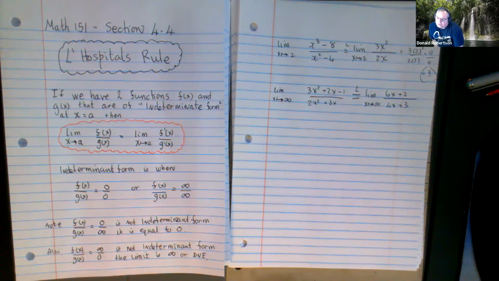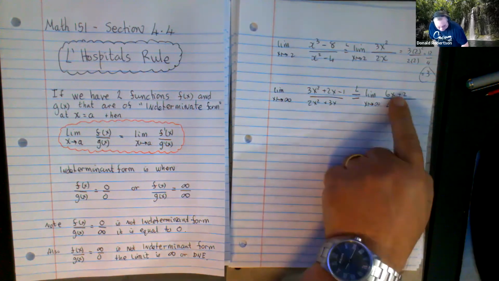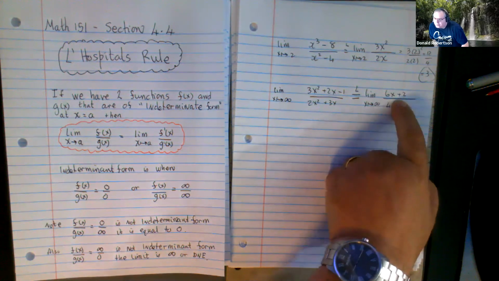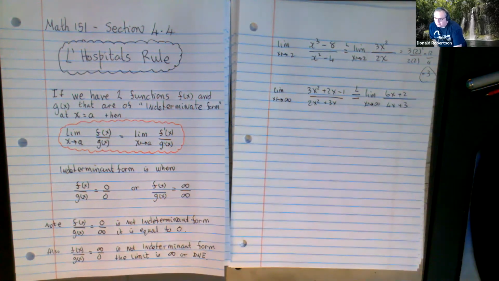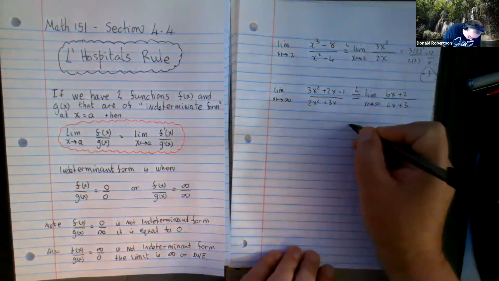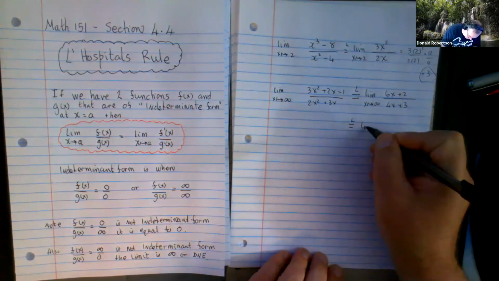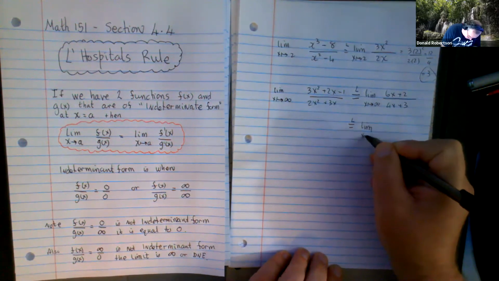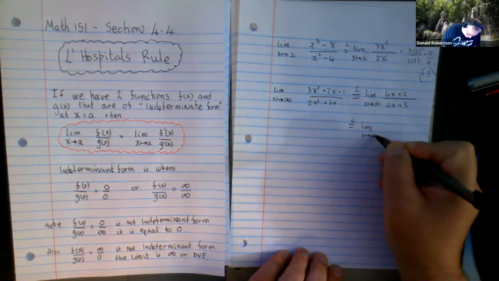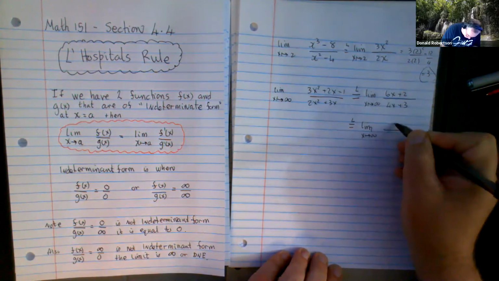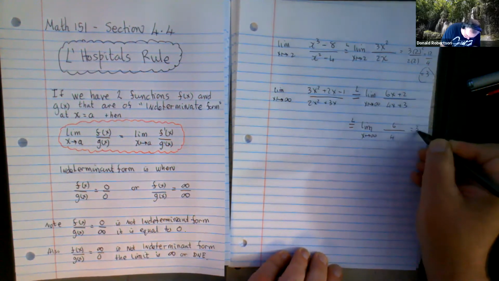And then you pause and you say, wait a minute, isn't this just indeterminate form? Can't I just use L'Hopital on it? And the answer is yes. So in other words, you can use L'Hopital repeatedly until you get the answer. So it's now going to be the limit as x tends to infinity of differentiate the top and differentiate the bottom. And there's your answer.